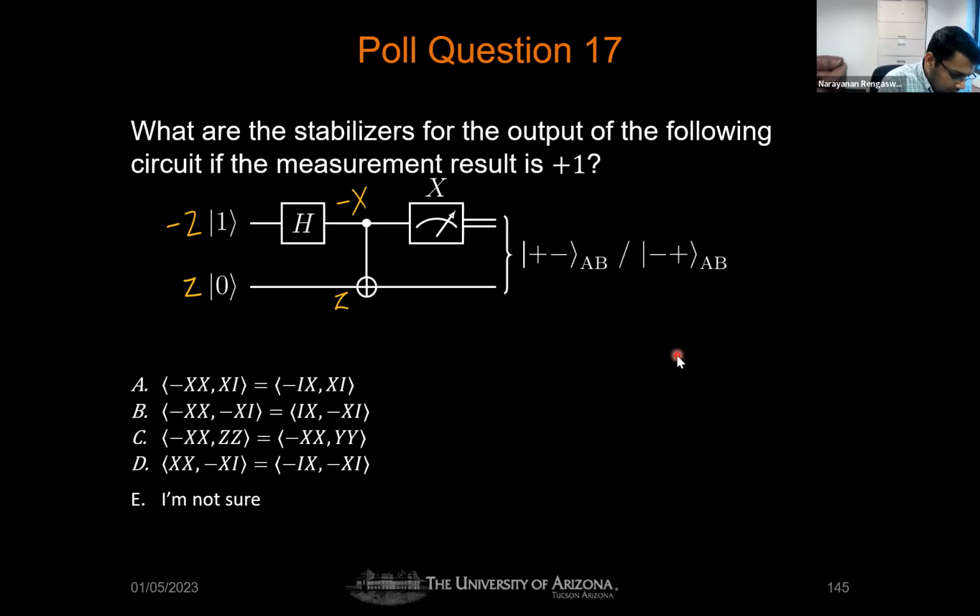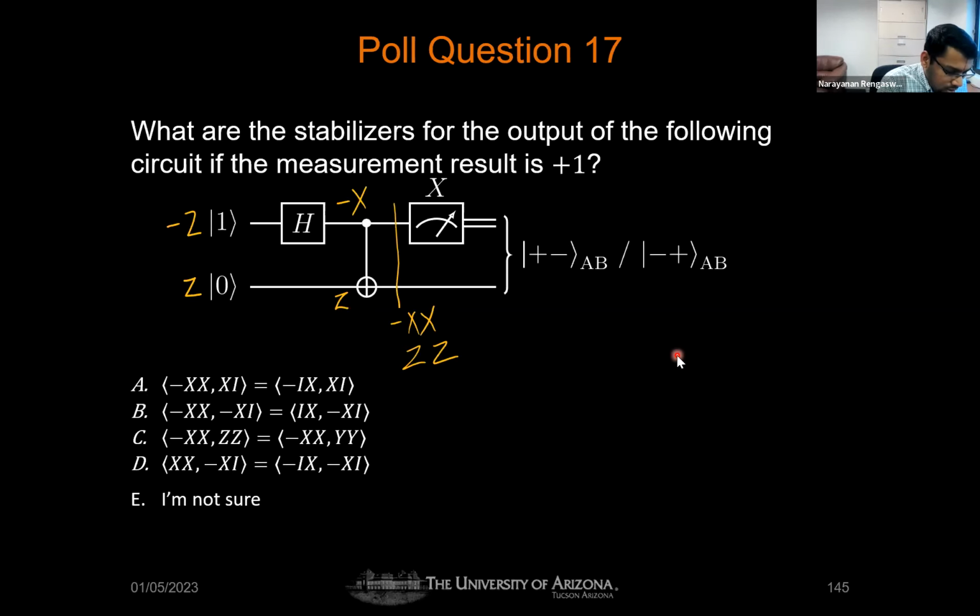So the minus X becomes minus XX, and the Z acting on the target of the CNOT becomes ZZ. These are the two stabilizers you have at the input of the measurement.